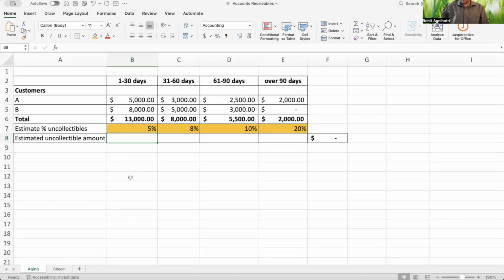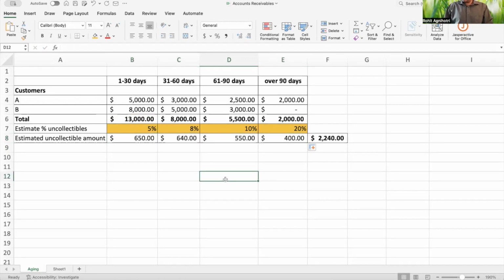Okay, so let's see how much amount we will not be able to collect, which is the newest. So 5% of 13,000 will not be able to collect. Then we will just formulate this. The total amount in this period we have estimated is 2,240, meaning $2,240 might not ever be paid.